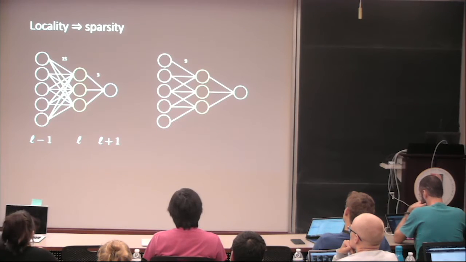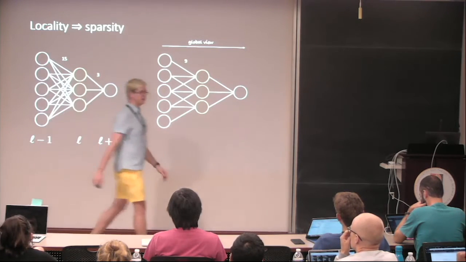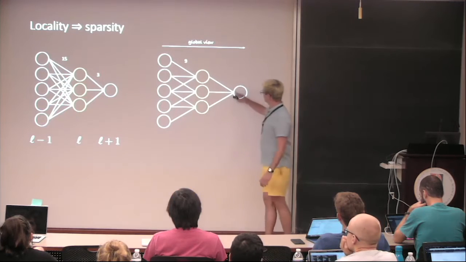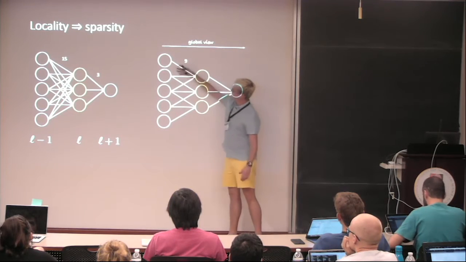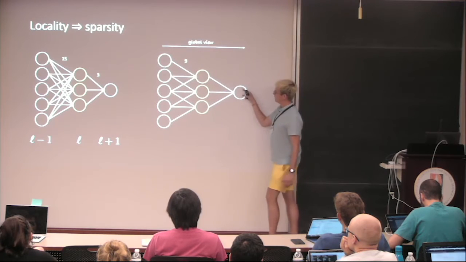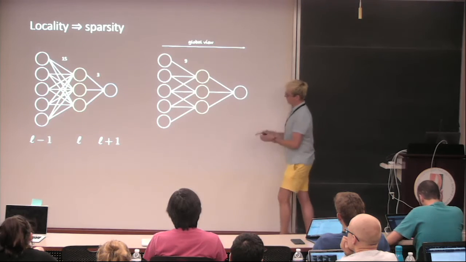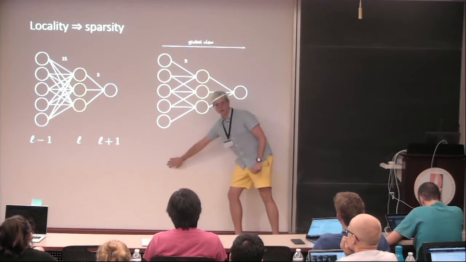That one doesn't change. So as we move from left to right, we increase our global view. So what does it mean? It means that this guy over here observes just 3 guys in the input. As you move to the right-hand side, this guy sees basically 5 inputs, right? If you move one more on the right, you're going to be seeing many inputs here.